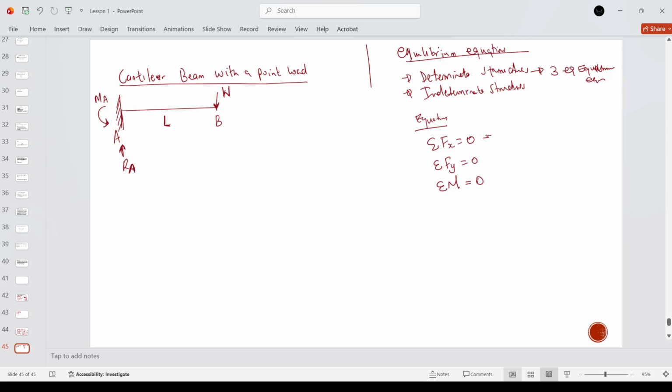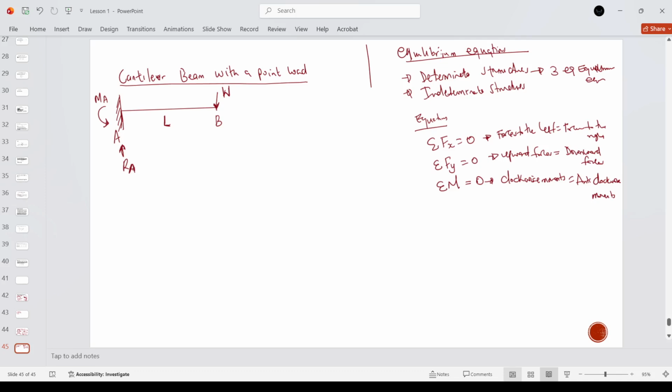This means forces to the left equal forces to the right, upward forces equal downward forces, and clockwise moments equal anti-clockwise moments.